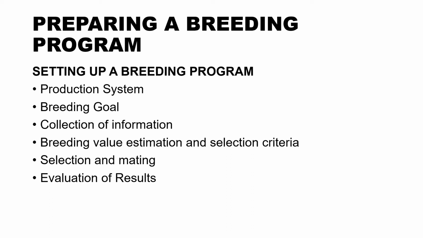Or if you are into grower-finishing production system, magbebenta ka ngayon ng mga finishing pigs. Kukuha ka or magbabay ka ng mga growers from other farms and then papalakihin mo until they reach a certain weight, mga 90 kilograms, then i-market mo na.